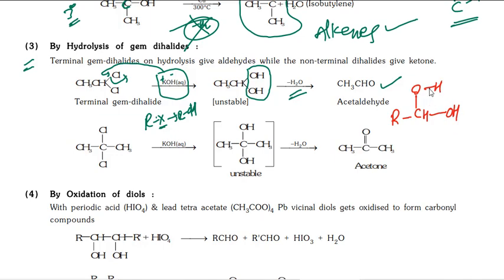When this bond shifts here, this bond goes away. So here it's nothing but H plus, here OH minus. This H plus and OH minus form a water molecule that separates. Here R, then carbon-oxygen double bond, and the remaining hydrogen as it is. Like this, every time a water molecule is released whenever two hydroxy groups are present on the same carbon.